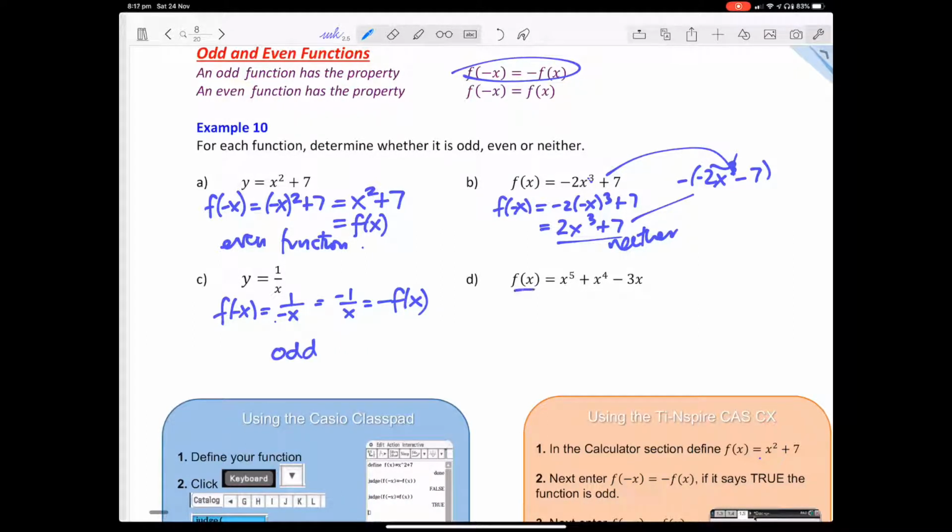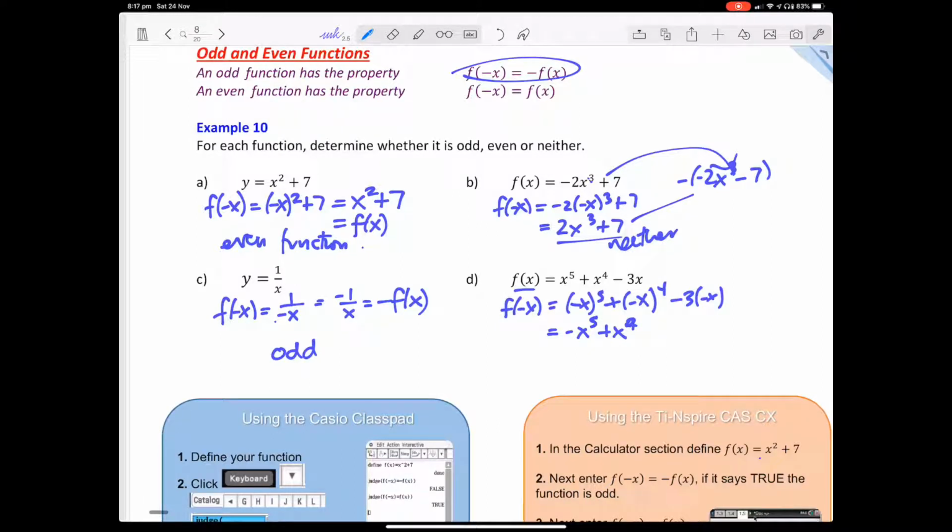This one here, f of negative x is negative x to the power of 5 plus negative x to the power of 4 minus 3 times negative x. So that's negative x to the 5. That's plus x to the 4, because when I put negative 1 to the power of 4, it's just positive.